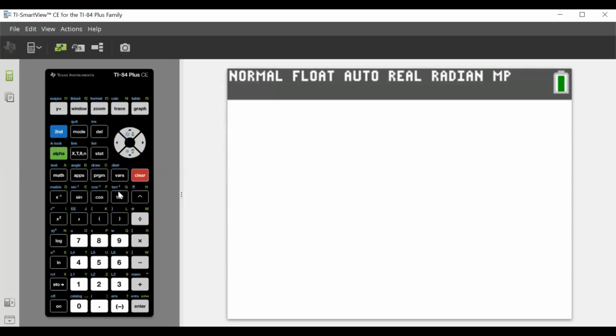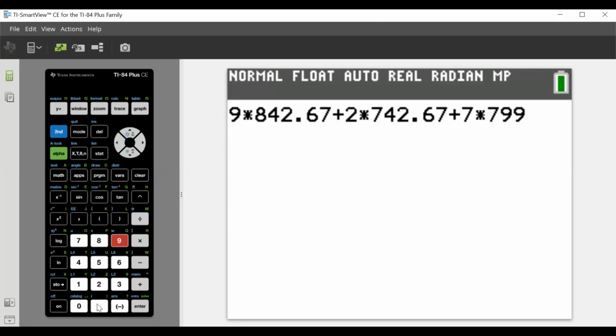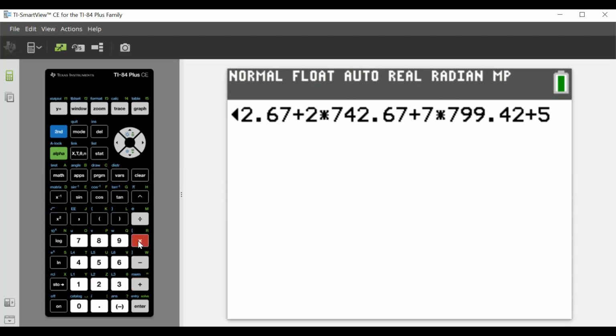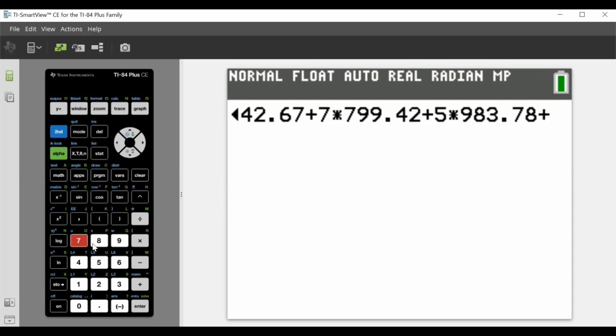I'm going to use a calculator for that. So that's going to be 9 times $842.67, plus 2 times $742.67, plus 7 times $799.42, plus 5 times $983.78, plus 7 times $1032.97.